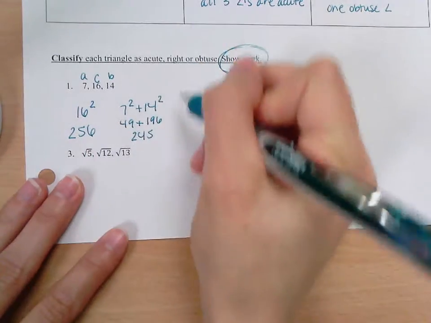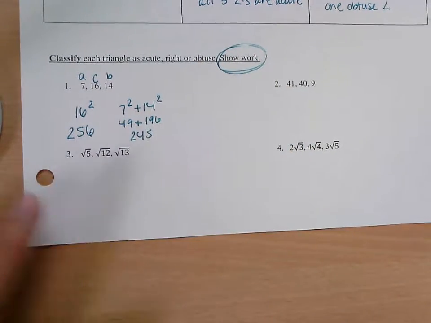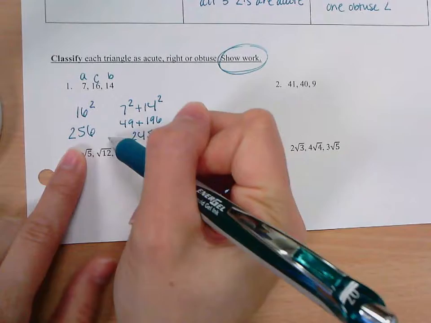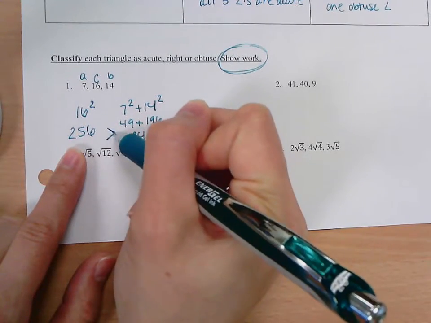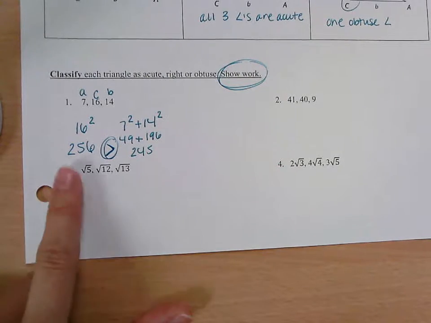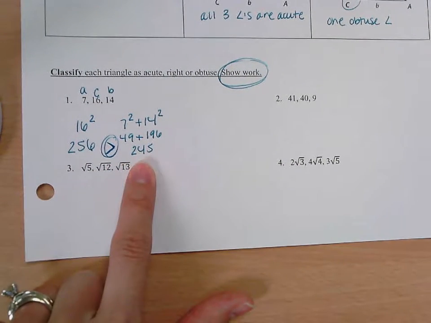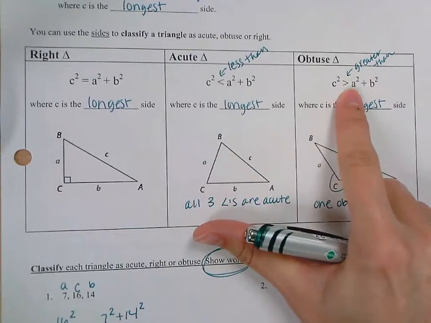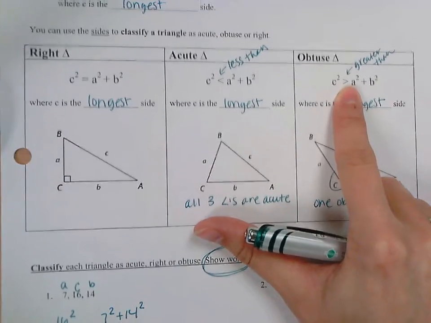So we have 256 and 245. 256 is larger, so greater than 245. Since C squared is greater than A squared plus B squared, we then have an obtuse triangle.